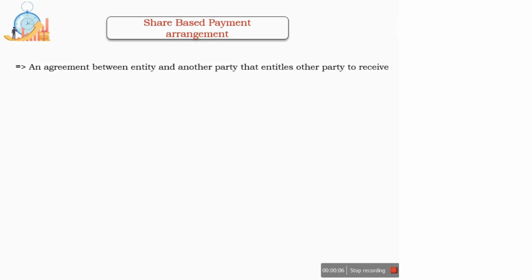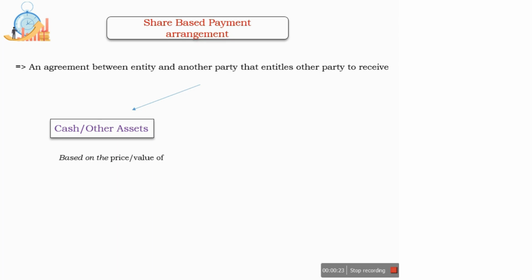So IND AS 102 says that it's an arrangement between an entity and another party, it may be a supplier or employees, that entitles the other party to receive either cash or other assets that is based on the price or value of equity instruments of the entity or group entity or any other enterprise.